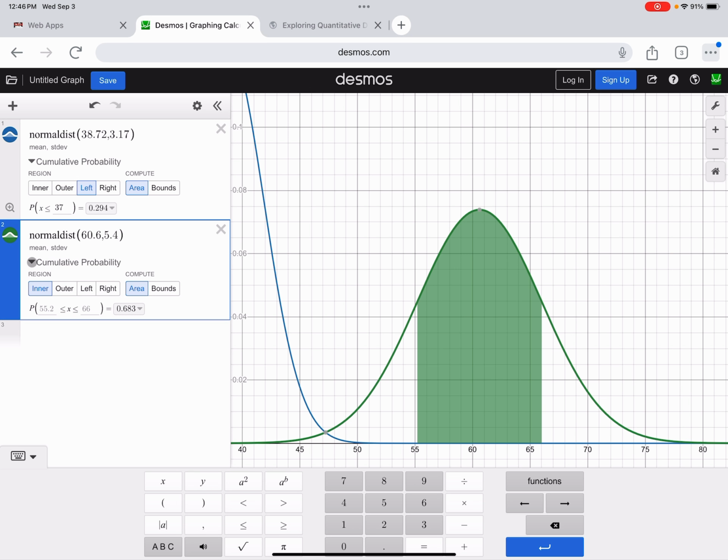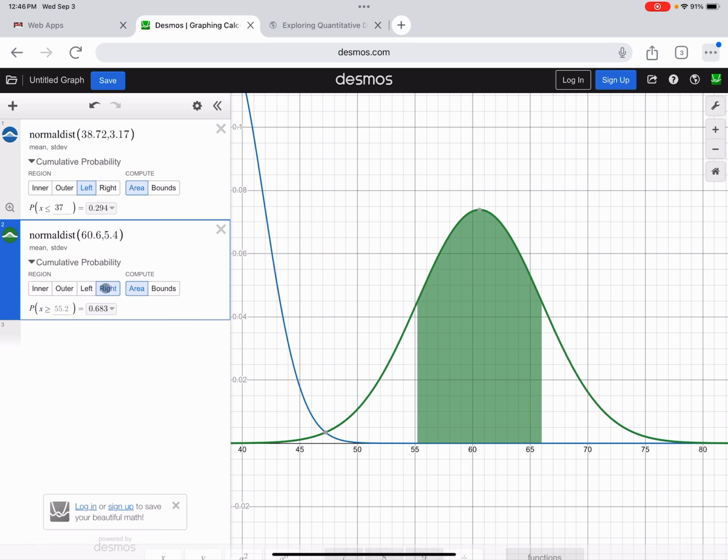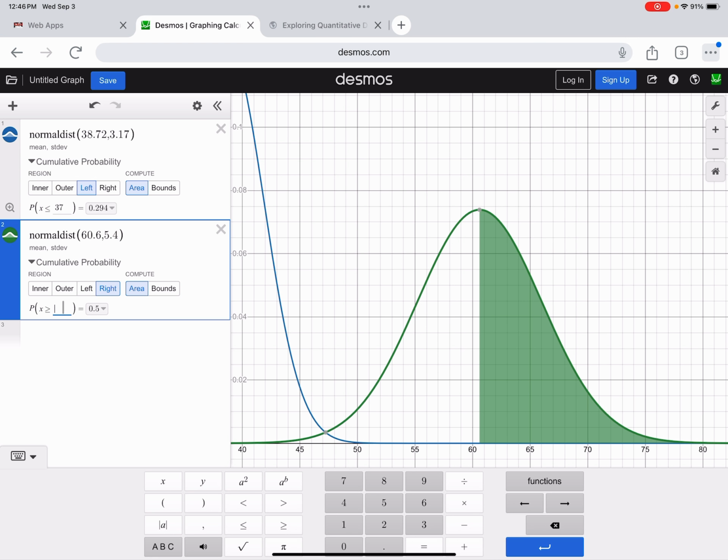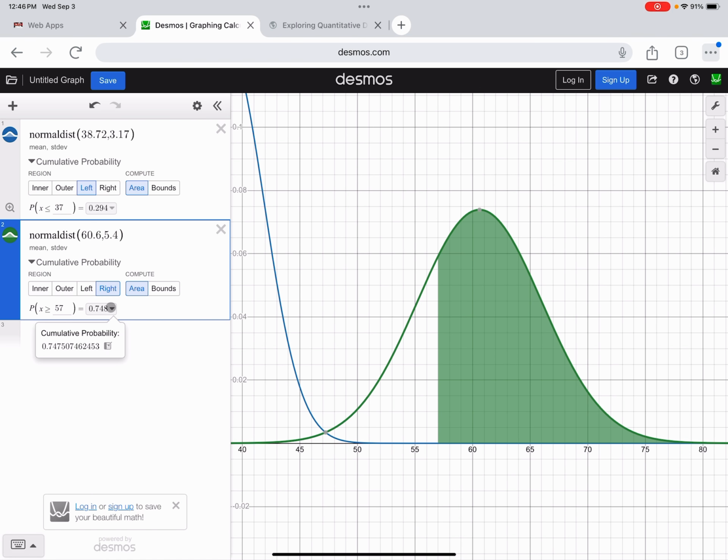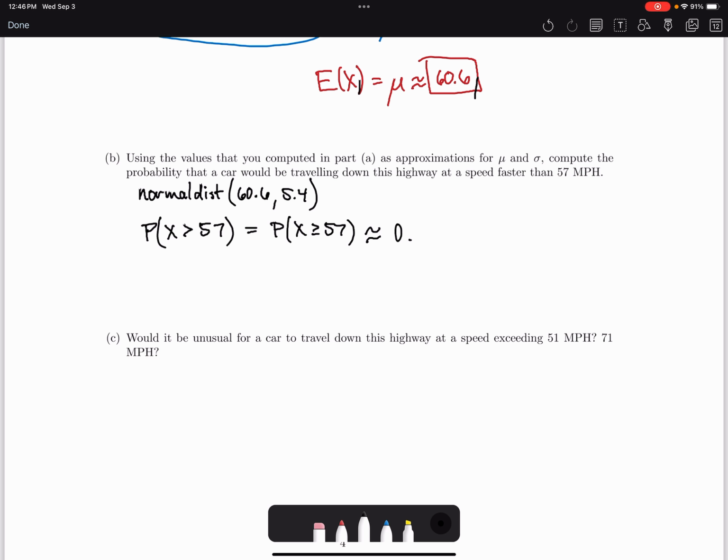And I want to compute the probability that x is greater than 57. So it looks like there's about a 75% chance of that happening, 0.7475. So there's a pretty good chance that the car will be going faster than 57.